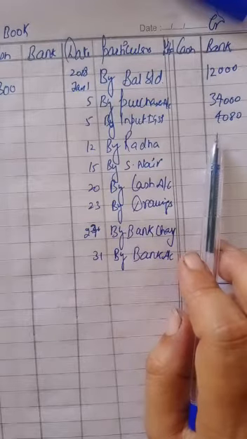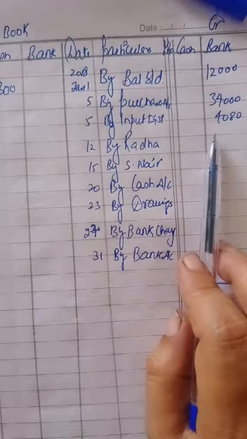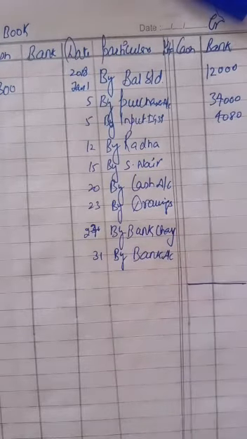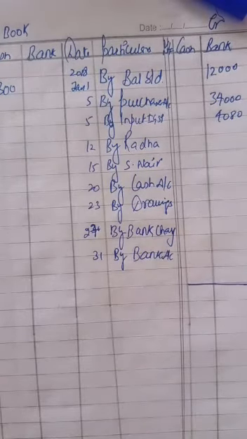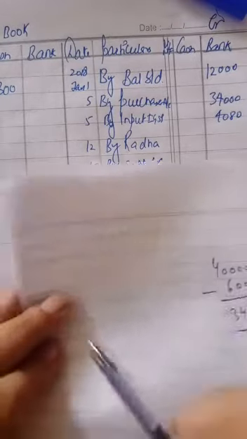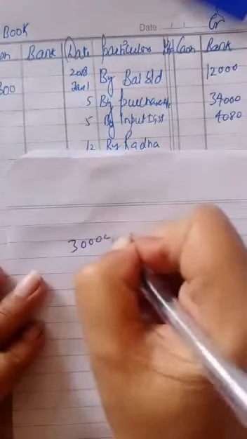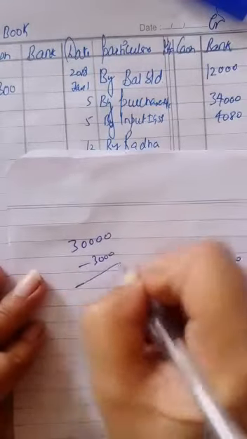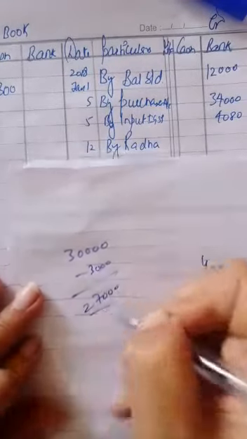Next, on 6th, beta, you have sold goods for 30,000, trade discount 10%, IGST 12%, and payment received by check. Now you have sold goods for 30,000 on 6th. 10% was the discount. 10% of 30,000 is 3,000. So the sale price is 27,000.